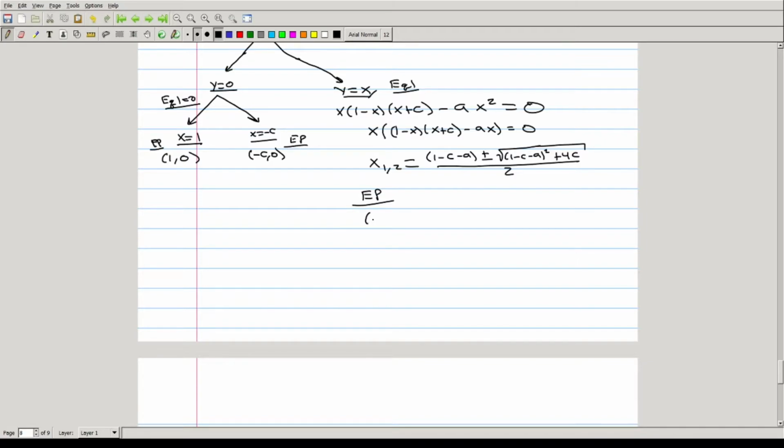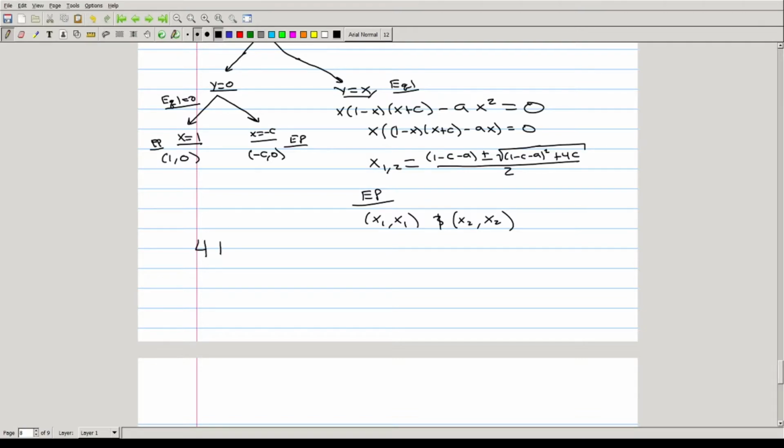The equilibrium point (x1, x1), and the equilibrium point (x2, x2). x1 is the negative part of the square root, and x2 is the positive version of the square root.